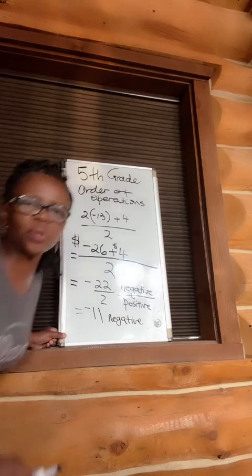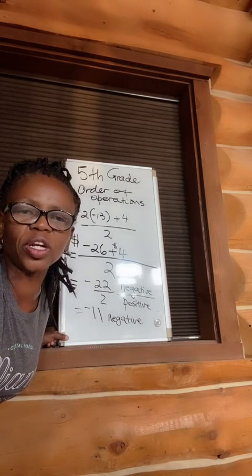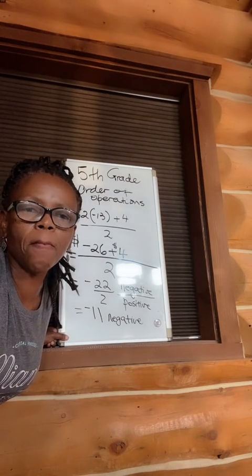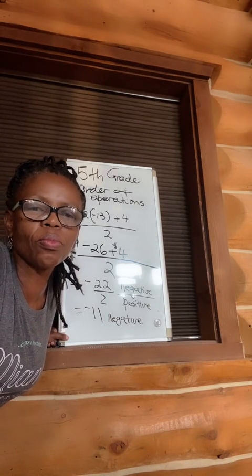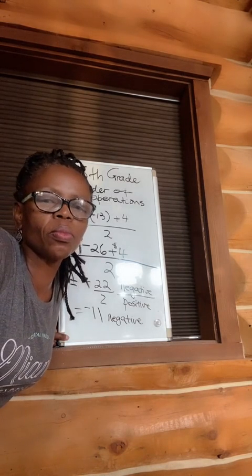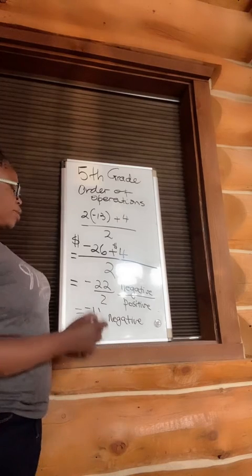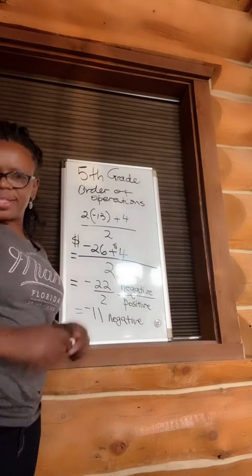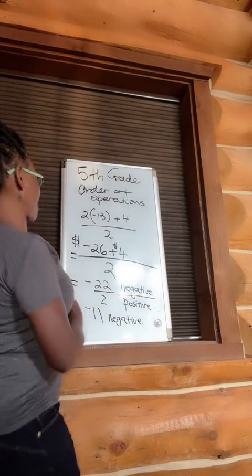The person who says we cannot have a negative answer, what do we need to do differently? Okay. All right. You have to multiply. All right, another example.